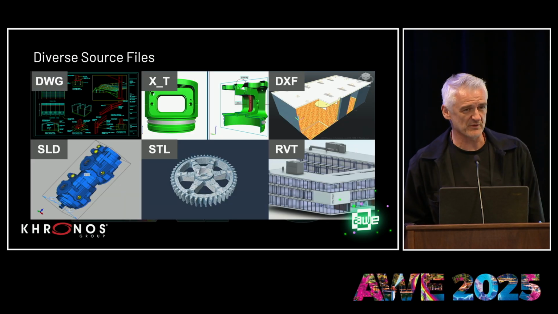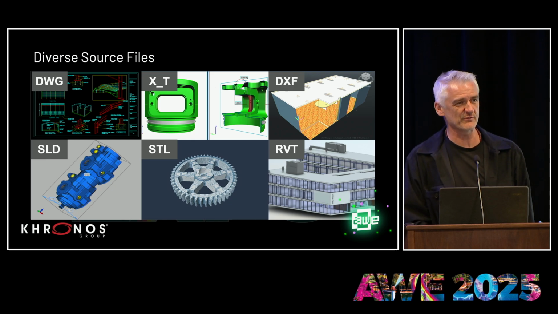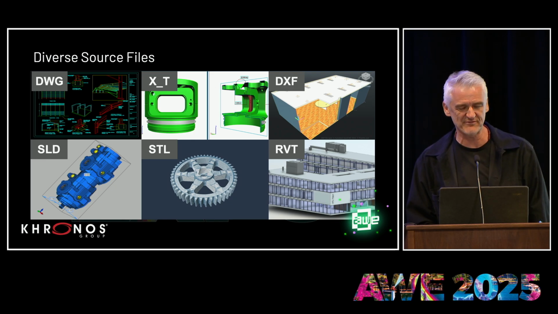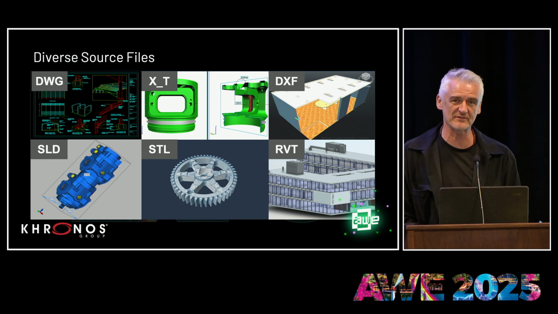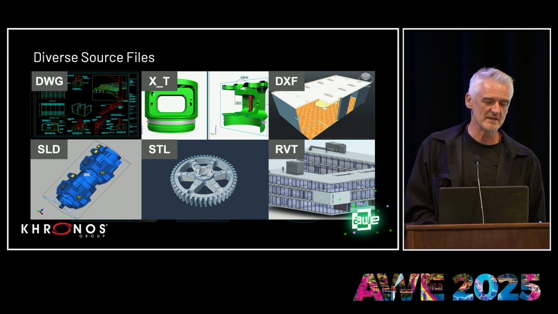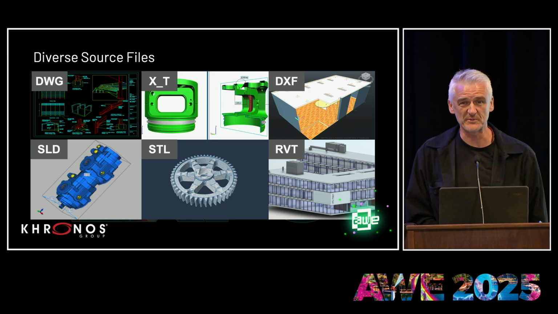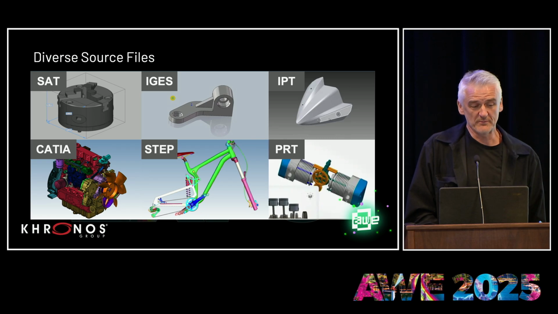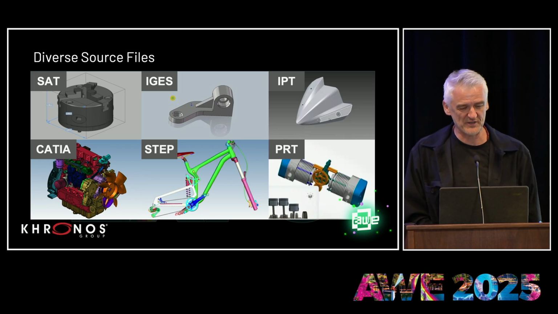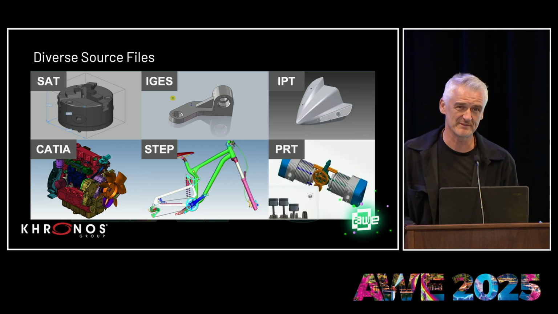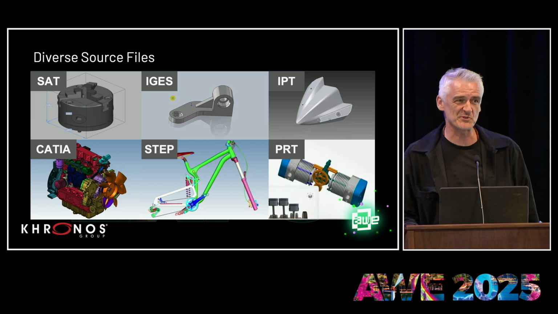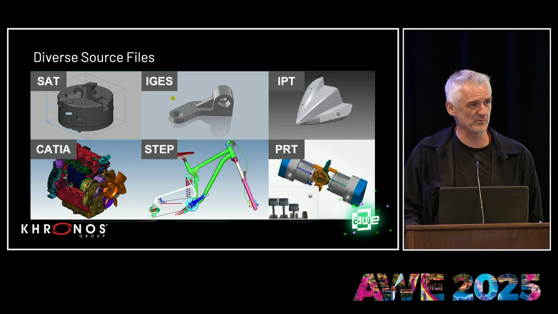So we've got anything from a DWG file to a Parasolid Siemens XT file, a DXF file, a SolidWorks assembly or a SolidWorks part file. Sometimes we get STL, sometimes we get Revits, sometimes we get SAT files, IGS files, and it goes on. The list is pretty endless, and I'm sure many of you recognize a lot of these file formats.